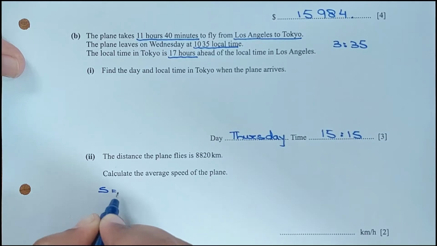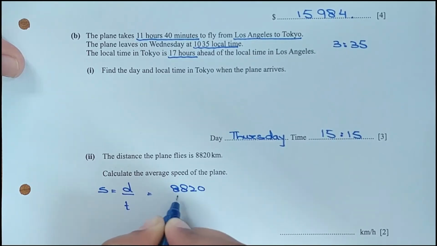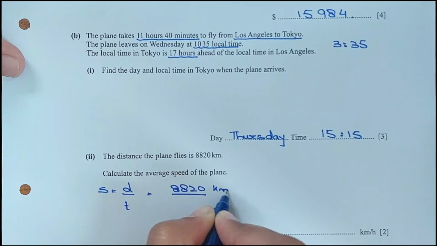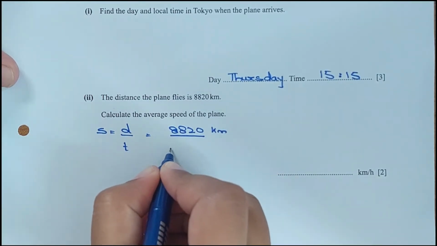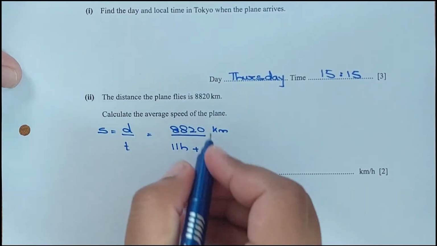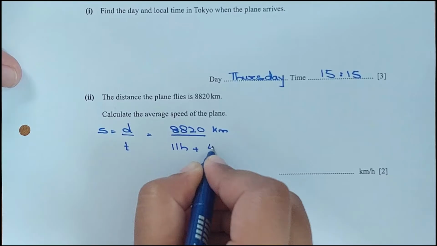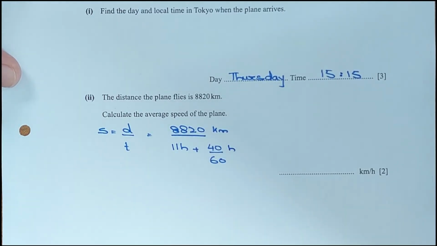So average speed is total distance traveled over total time taken. The distance traveled is 8,820 divided by the time taken in terms of hours. Kilometers per hour we have to calculate, right? So the time of flight is 11 hours plus 40 minutes. 40 minutes into hours is 40 over 60 hours, right?